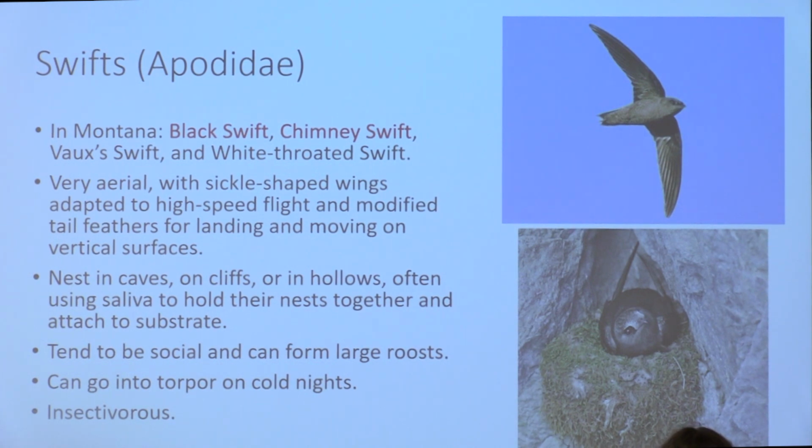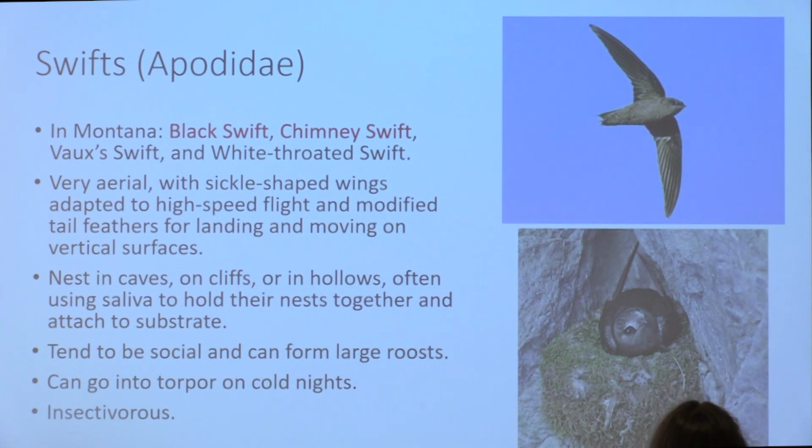They tend to be social. They can form roosts, some of which are as large as, there's a couple in Oregon that are estimated to be like 30,000 individuals strong, which is pretty amazing. They can also go into torpor on cold nights, just like hummingbirds. They are insectivorous, and they are threatened by reduced stream flow.